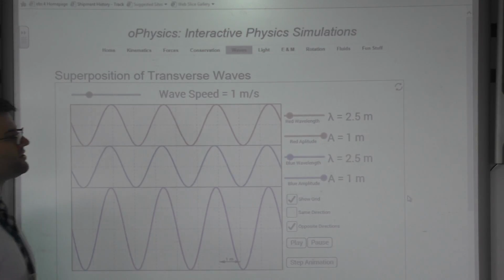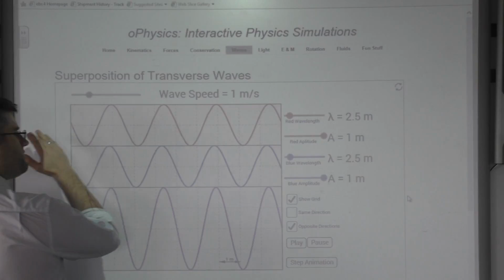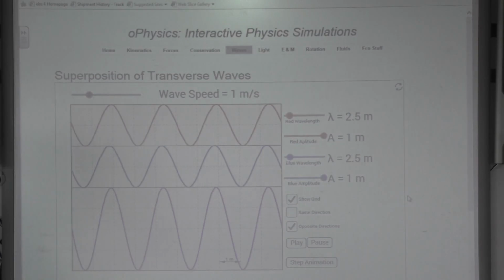So what we have here is a situation where one wave is moving in this direction, one wave is moving in that direction. And you'll see what happens to the resultant as a result of that interaction.